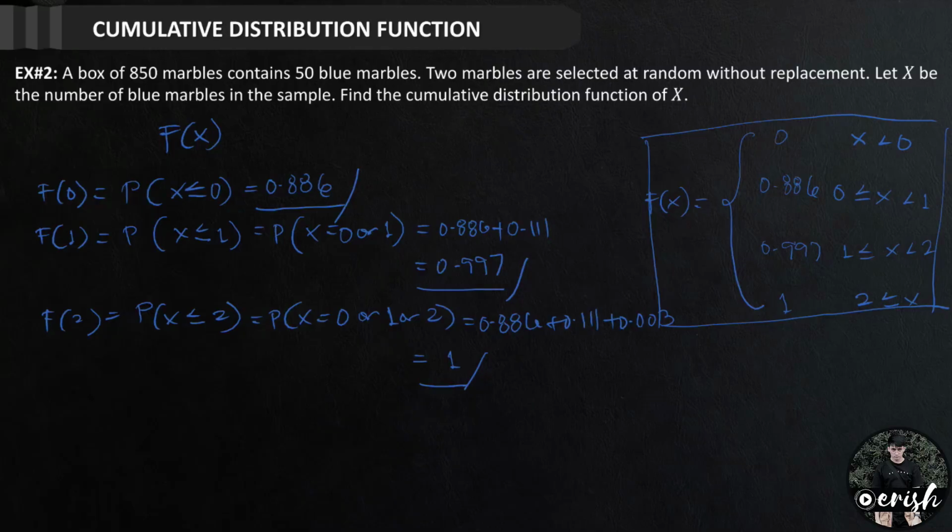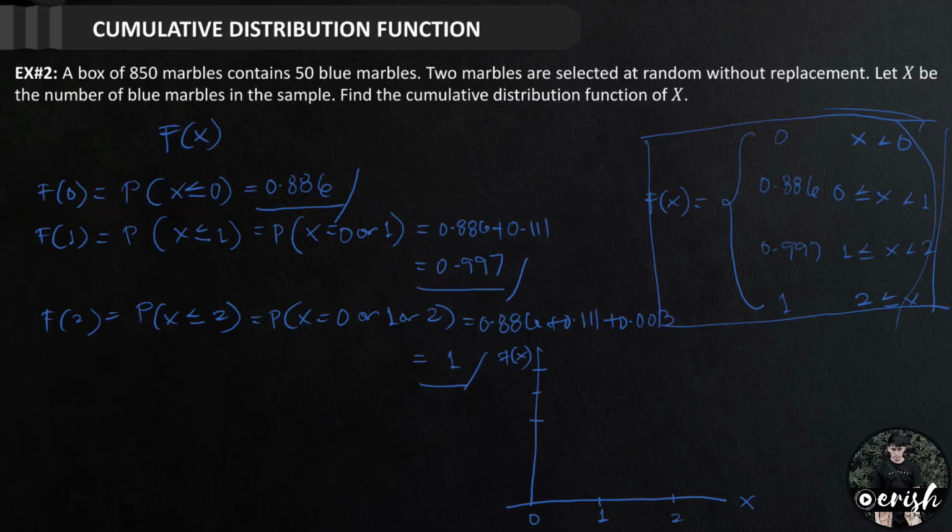For the graph of the CDF, the cumulative distribution function, it is still this. These are x, our random variable values, which are 0, 1, and 2. And here is our f of x, or our probabilities. It starts at 0.886, to 0.997, to 1. When we plot, we base it on our CDF.